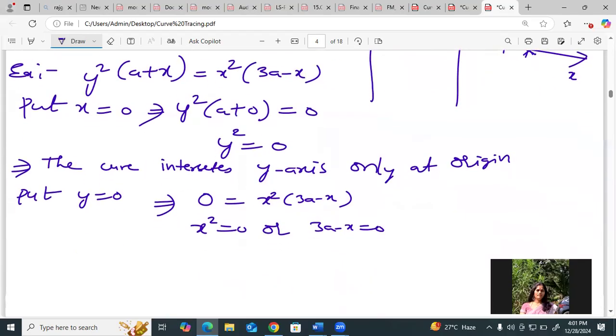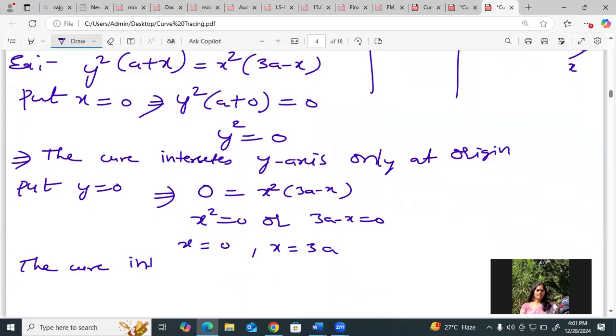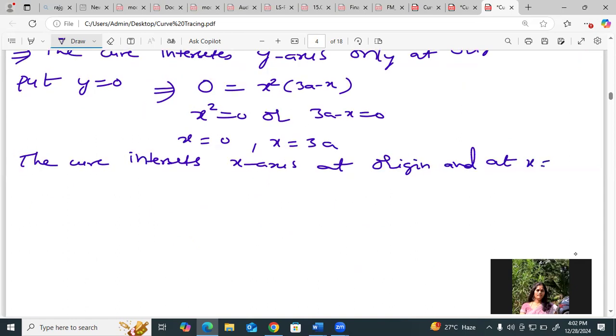This gives x is equal to 0, and one more is x is equal to 3a. So the curve intersects the x-axis at the origin and at x is equal to 3a.